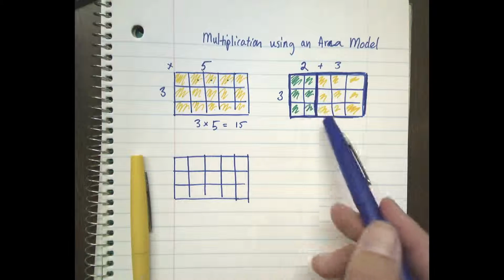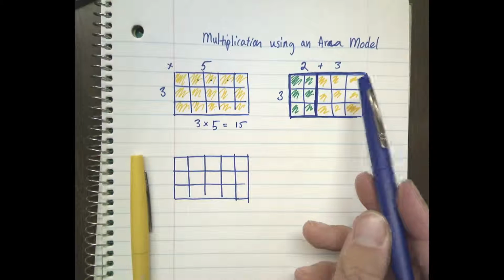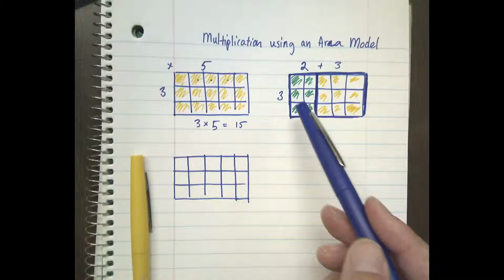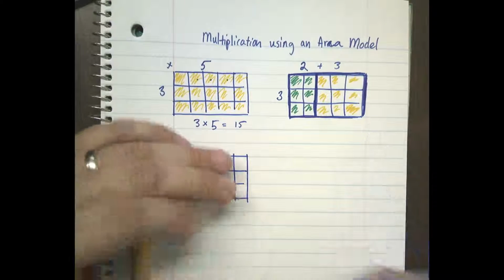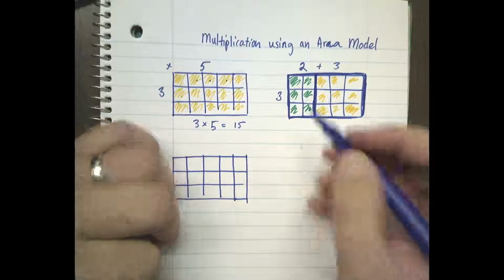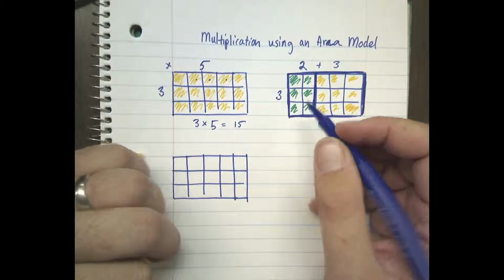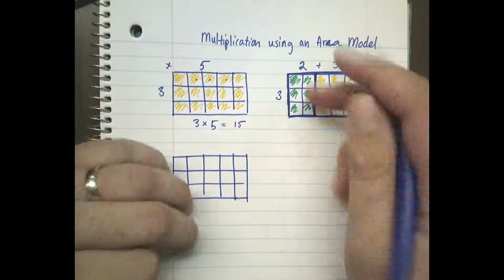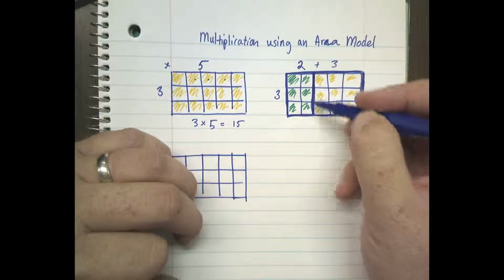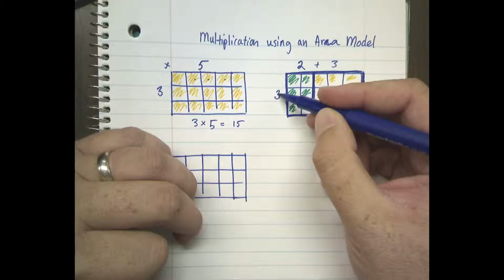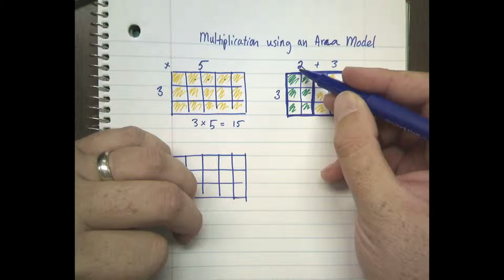So I'm going to show you how to figure out how many tiles I need using this method, where my wife wants green tiles in the bathroom and I get gold tiles. We're going to go back to the distributive property. To find this green bathroom rectangle, it is going to be 3 times 2.